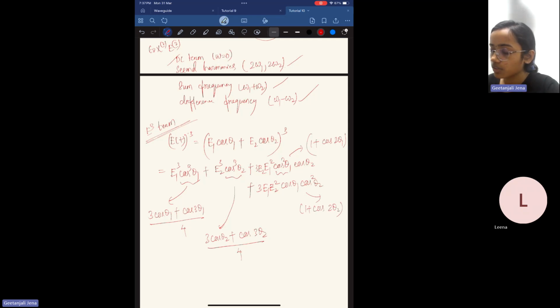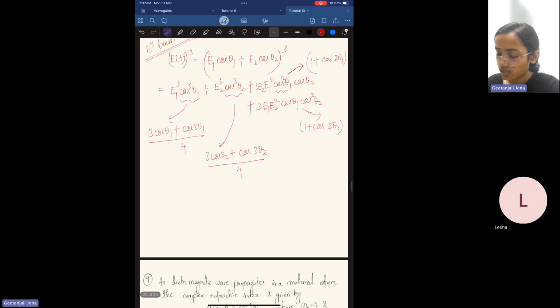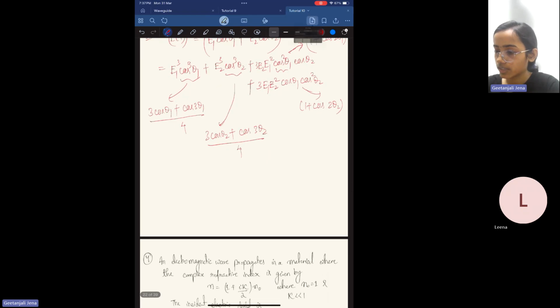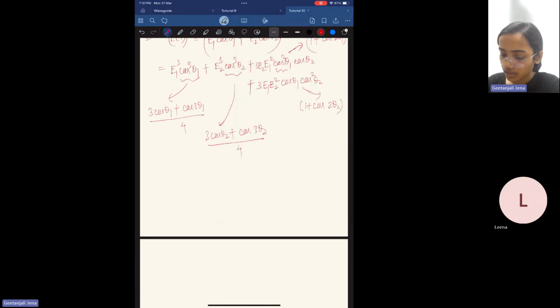And again, for this kind of term you have cos A cos B, so you further need to expand it, like 2 cos A cos B is cos A minus B plus cos A plus B. Okay, so let me just write down what the answer will be.